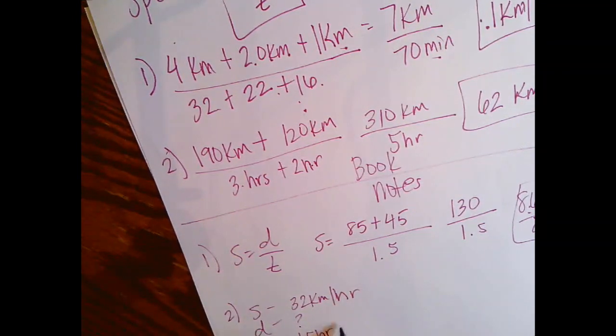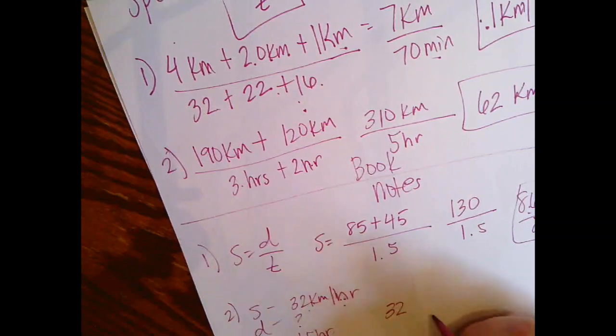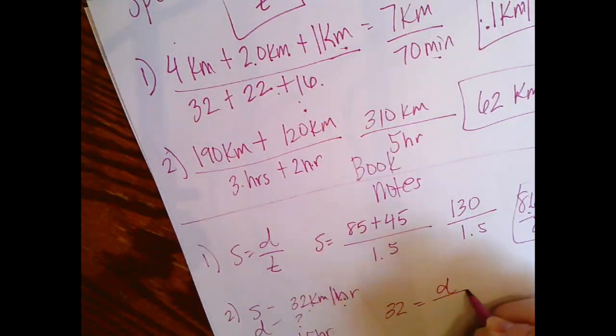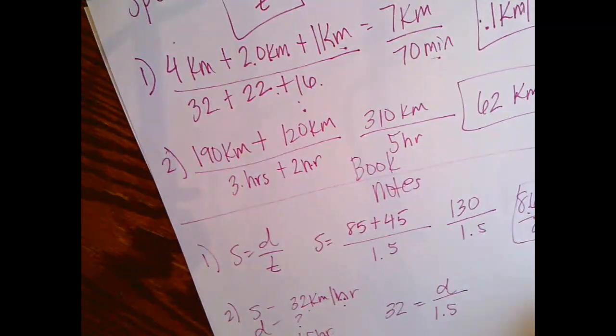Okay, do I have to do anything here with my time? No, because this is kilometers per hour. And as long as I have hours here, I'm fine. Now, if this was minutes or seconds, I would have to convert this into hours. It's easier to convert your time than it is to convert this from kilometers per hour to meters. Okay, so then I would do 32 equals D over 1.5, solving for D.